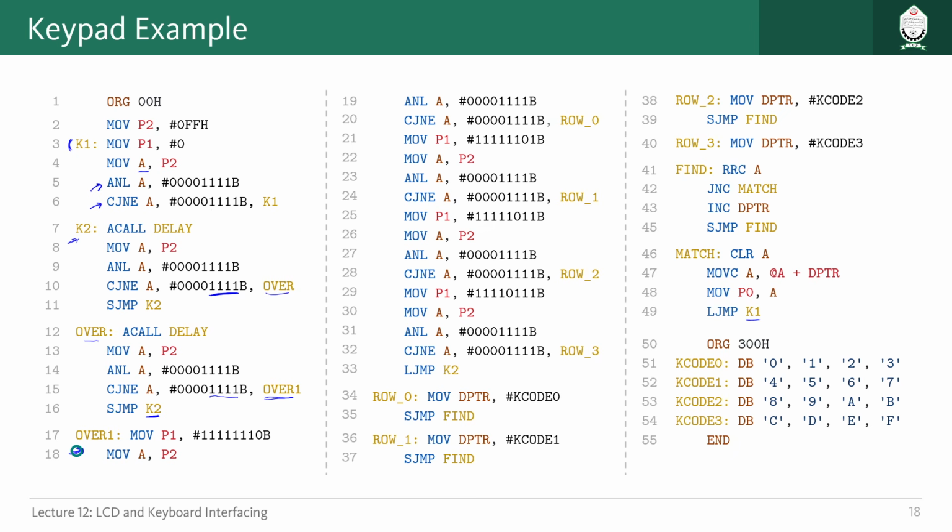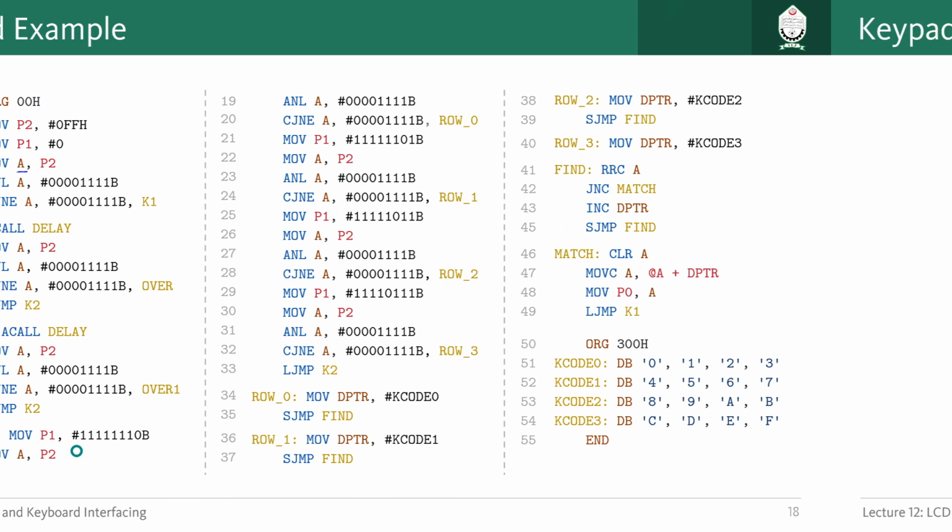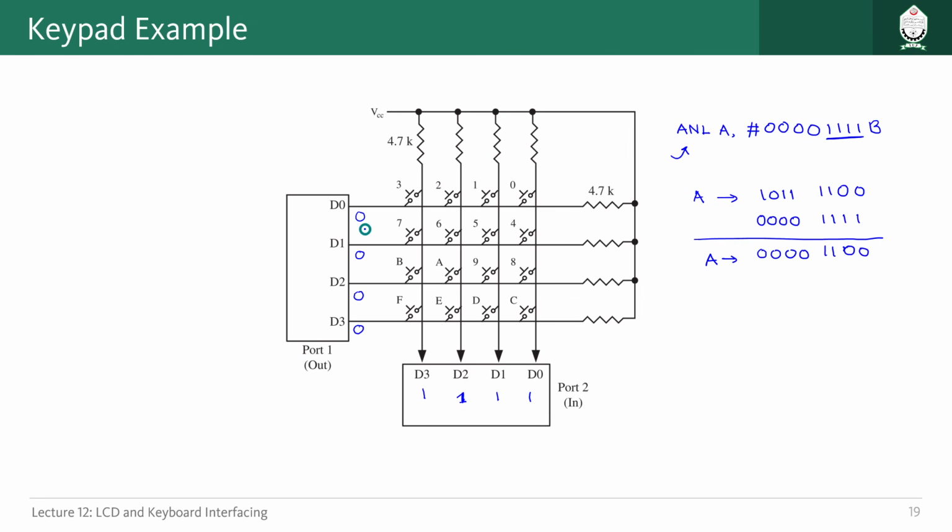If you remember from the previous slide, we said that whenever we confidently detect that a key has been pressed, we try to find out the row and column of that particular location. Initially we gave all zeros, then detected some change in these output pins.